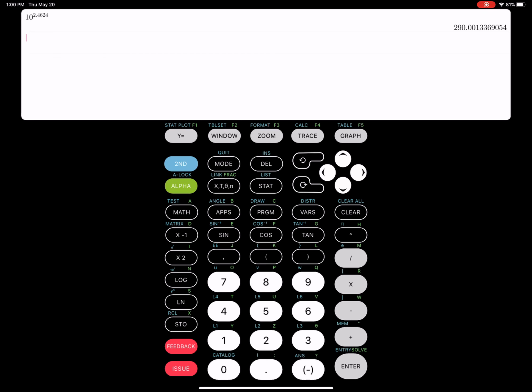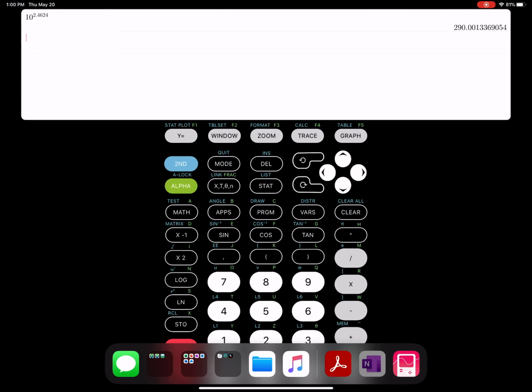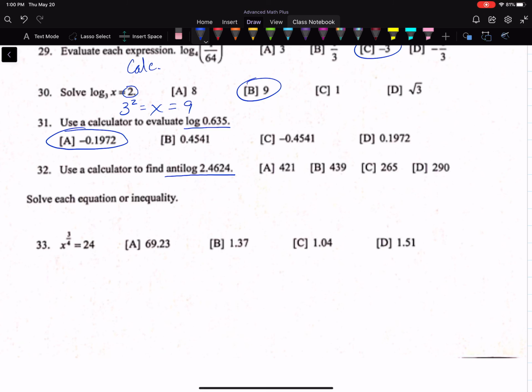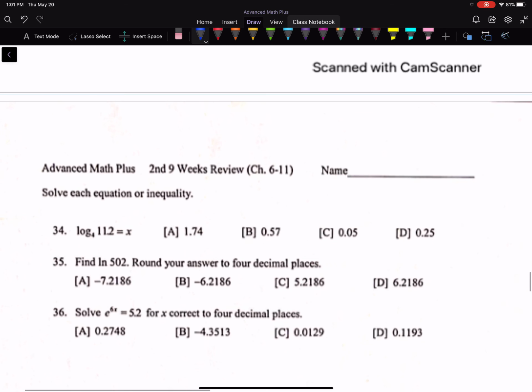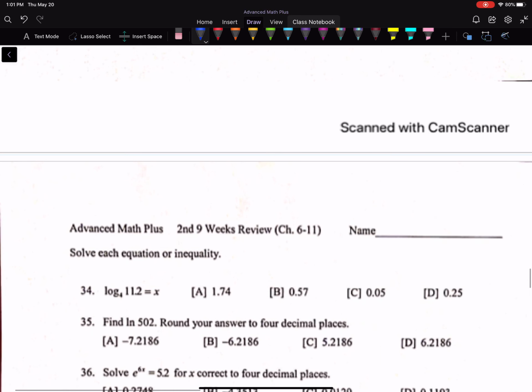And hit enter, and you get 290, which would be D. All right, so these are both calculator problems, okay? You are literally doing nothing on your own. You're just sticking it in your calculator, okay? Told you I saved the easy ones for last, all right? Last one on the exam. Oh, wait, I'm sorry. We had 3 more. My bad.